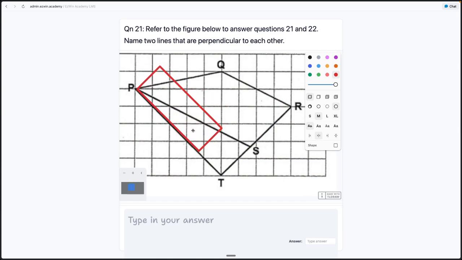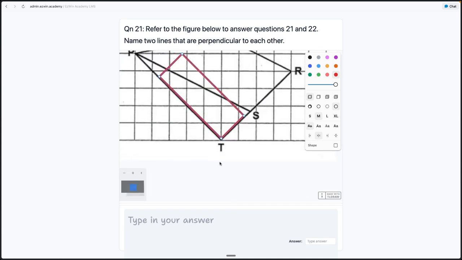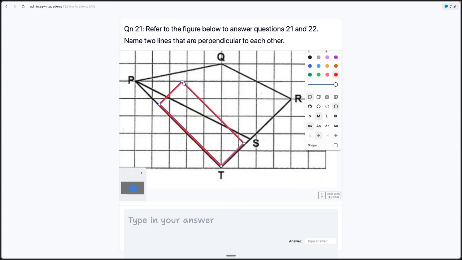Okay, so TPQ is not perpendicular, but if you were to put PTS, it is perpendicular. So in this case over here, this is perpendicular. I'm going to put in green. So which lines are perpendicular? The answer is PT is perpendicular to TR. Okay, so there you go.